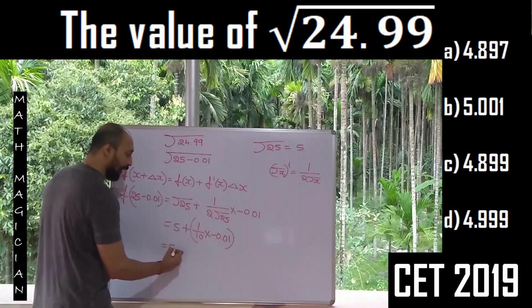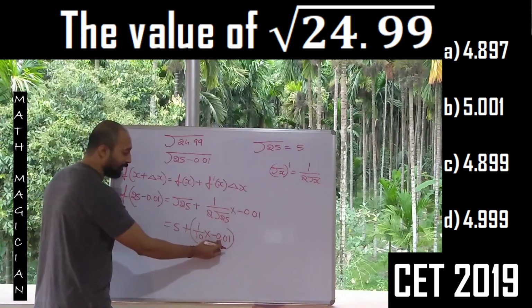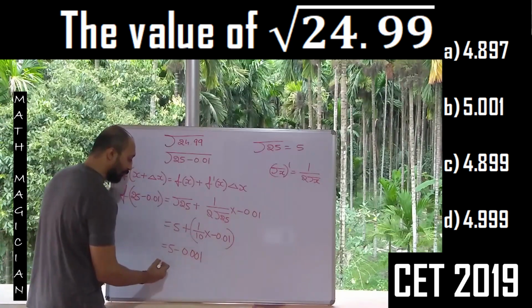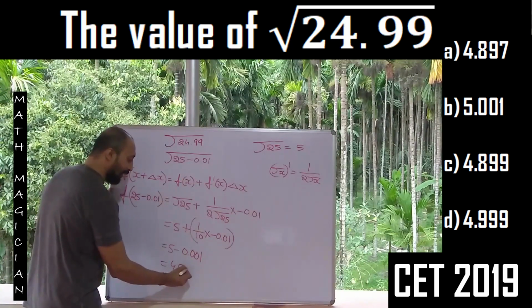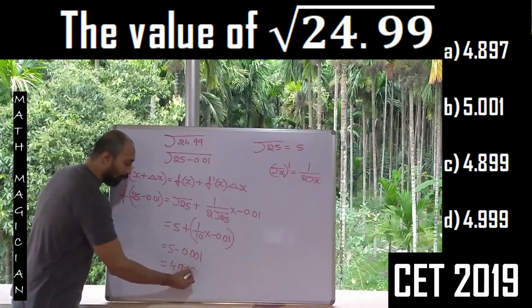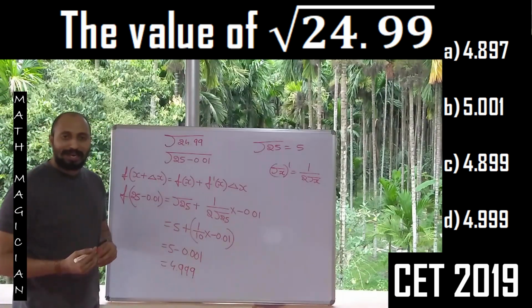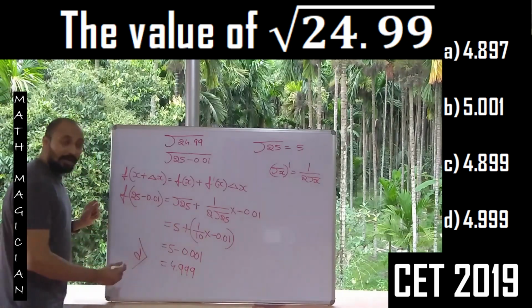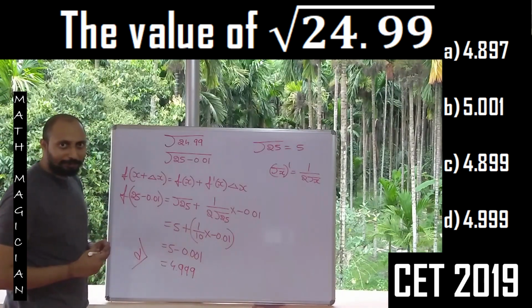So it is 5 minus, the decimal point will move one more place, so it is 0.001. So the answer is 4.99, and one more 9 will come, so 4.999, which is option D. So option D is your right and correct answer.